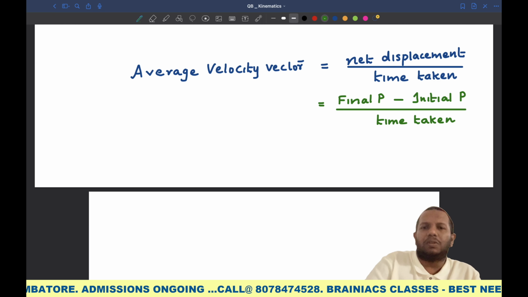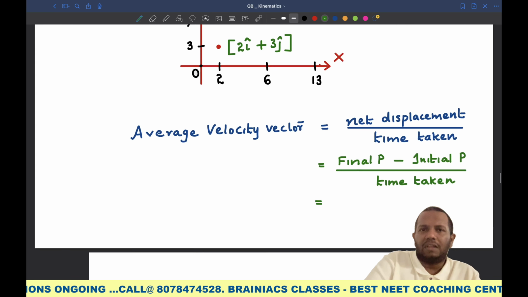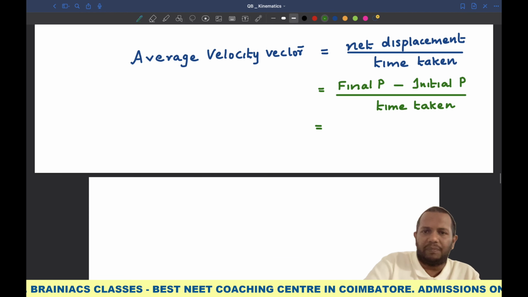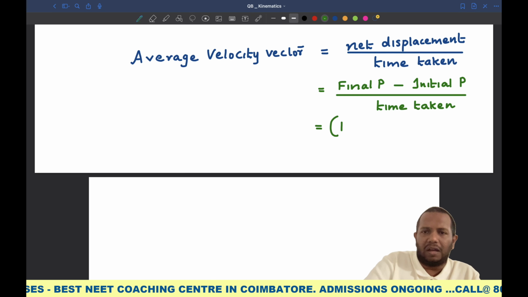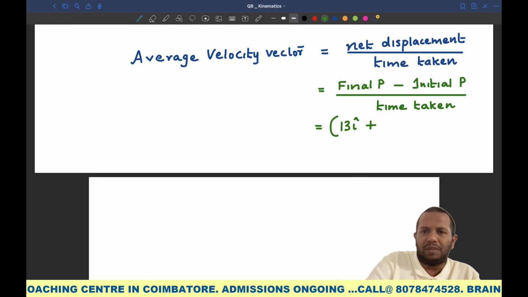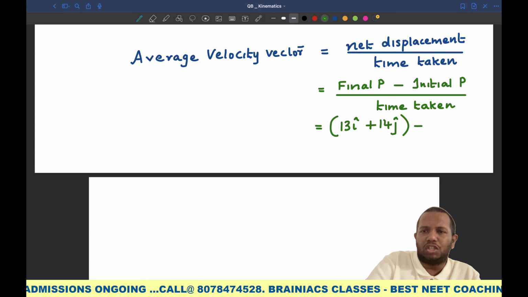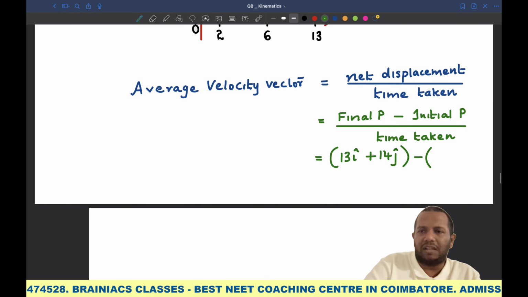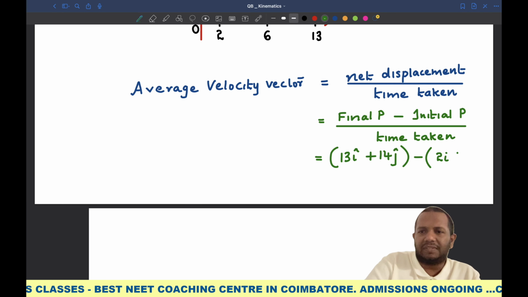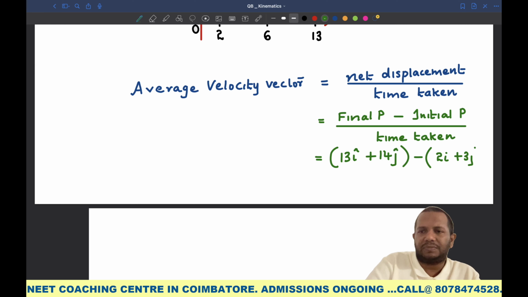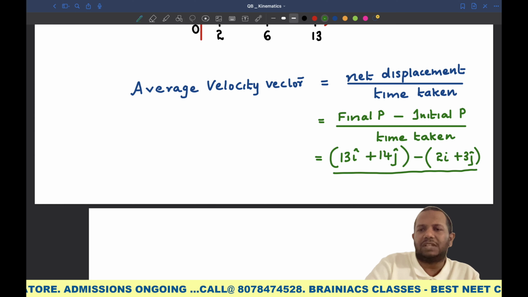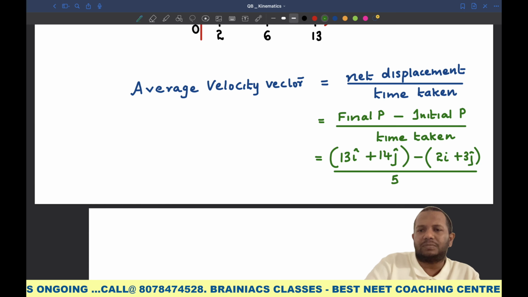So the final position I can write as the vector 13i plus 14j, minus the initial one, which is 2i plus 3j, divided by the time taken for this change, so that is 5 minus 0.